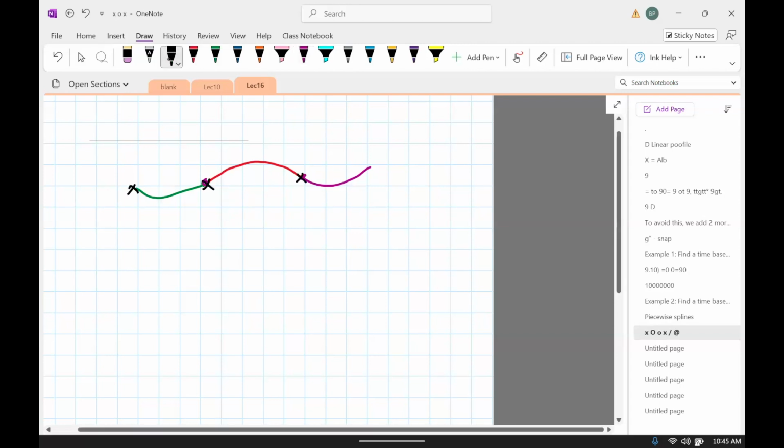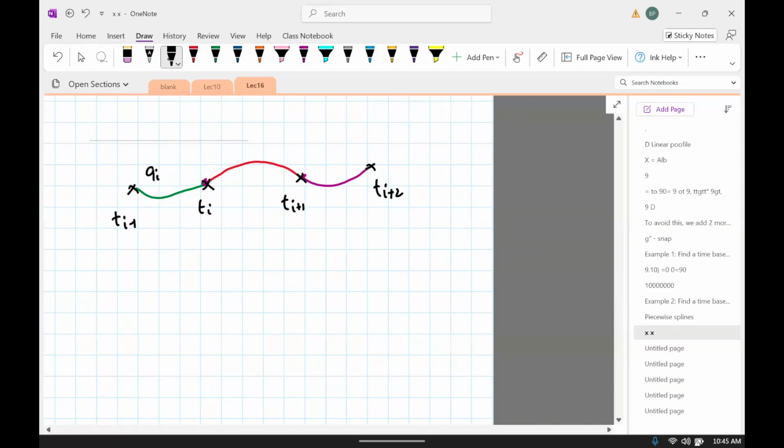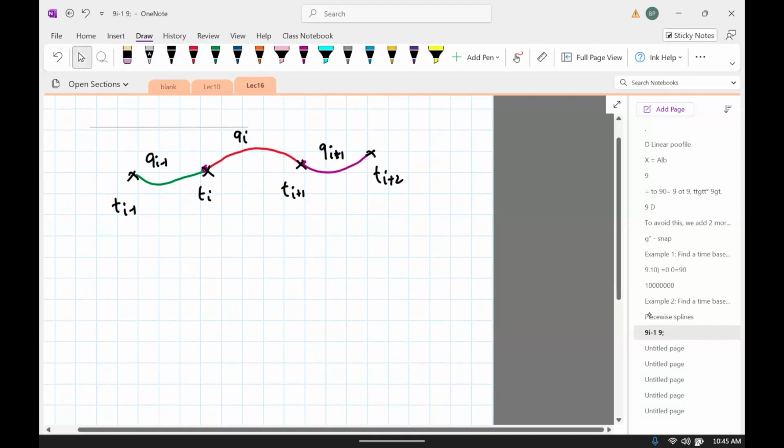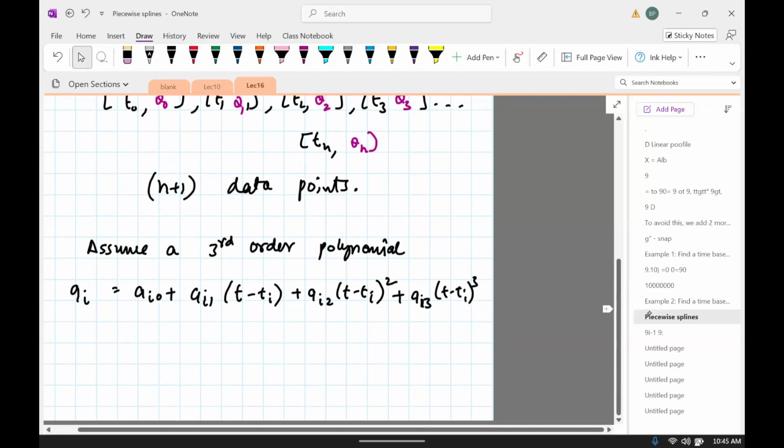So these are the points: ti minus 1, ti, ti plus 1, ti plus 2, and we fit qi minus 1, qi, and qi plus 1. And then qi, which I'll take from the previous page, is this equation.